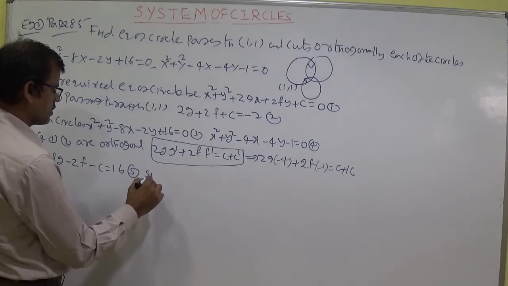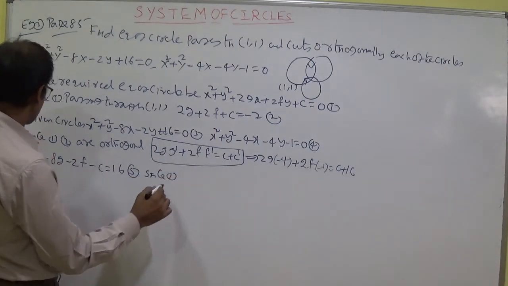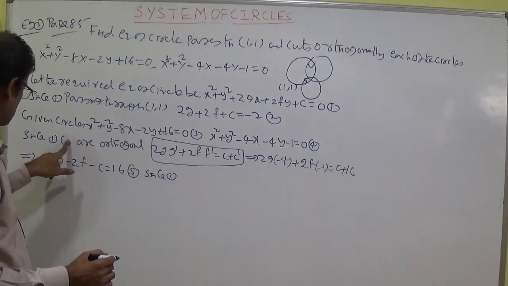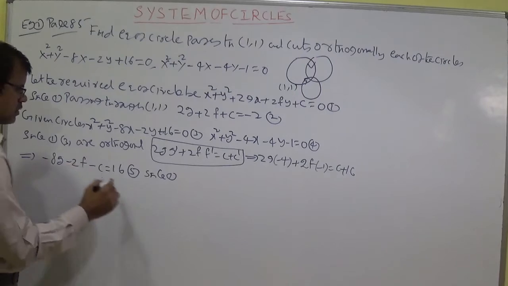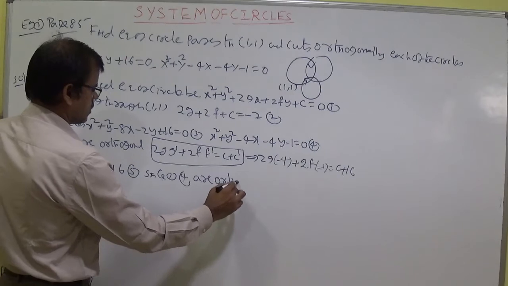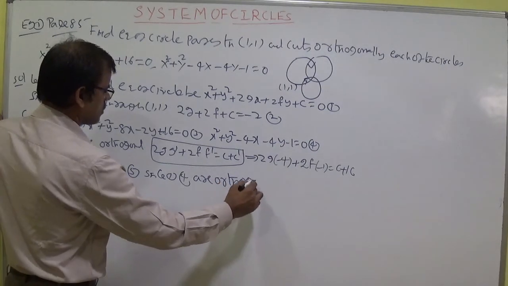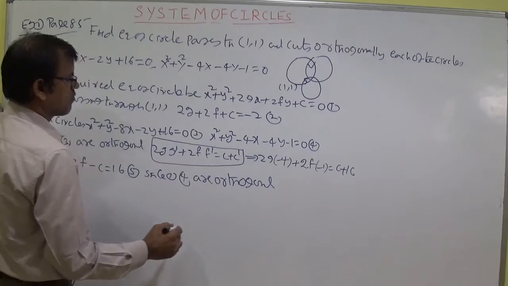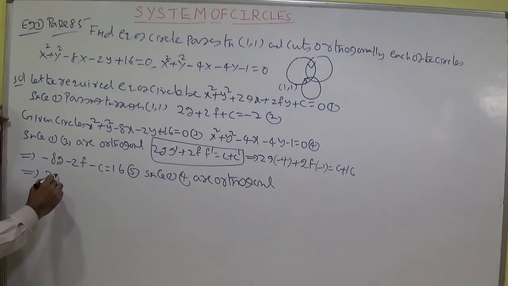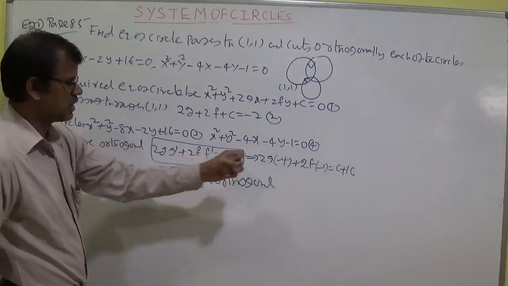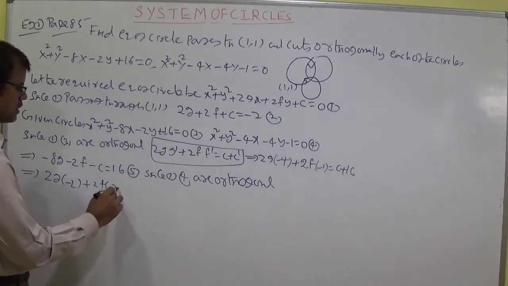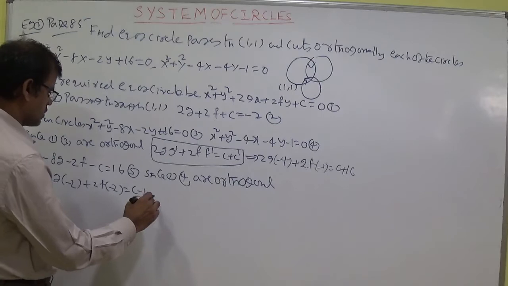Let it be the fifth equation. Now again I am writing, since 1 and 3, not this one, 1 and 4 are orthogonal, so using the formula 2g g dash plus 2f f dash equal to c plus c dash. 2g into g dash, here minus 2, 2g into minus 2 plus 2f into minus 2 is equal to c minus 1.